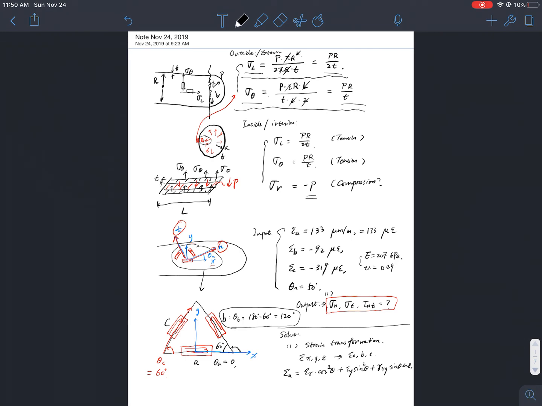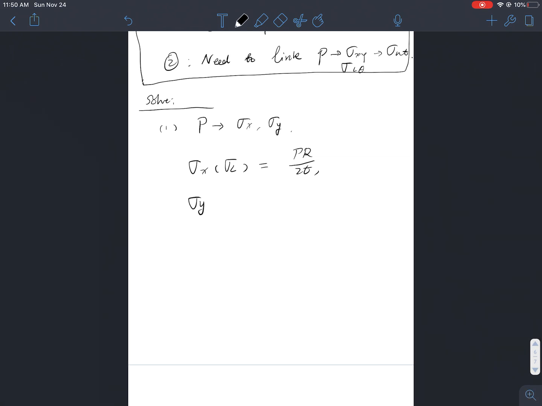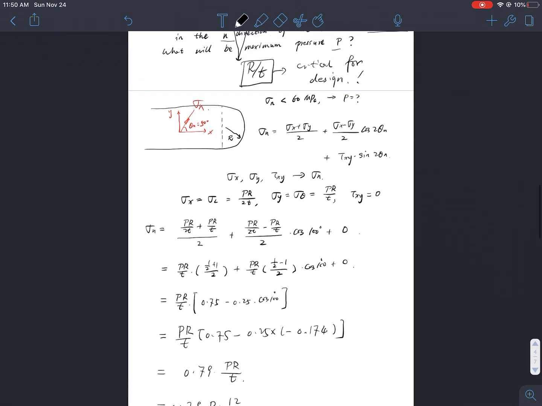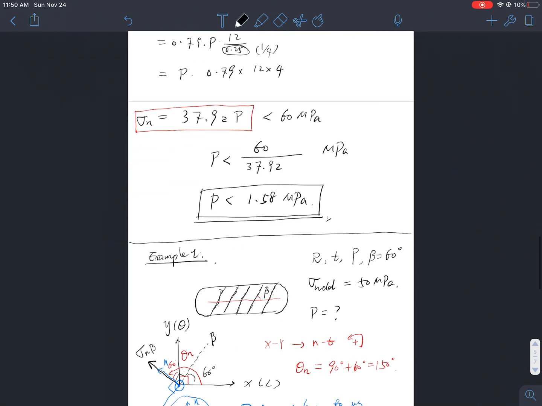Then theta, or Y, is PR over T, so sigma Y is PR over T. Then I'm going to use the stress transformation equation: sigma n equals half of sigma x plus y, plus half of sigma x minus y cosine 2 theta, plus tau xy sine 2 theta. For this case, tau xy equals 0.